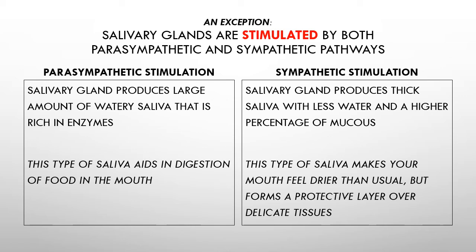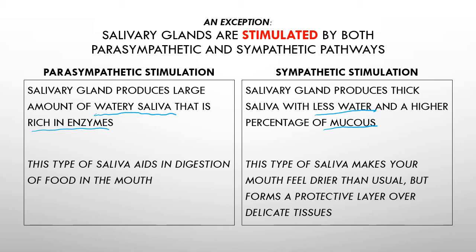So for parasympathetics, for things like digestion, we get more of a watery, enzyme-rich type of saliva. Versus with sympathetics, fight or flight, we're going to have less water, and the amount of mucus in there is going to increase. So for sympathetics, we're going to get a thick, kind of dry saliva, versus parasympathetics, we're going to get a wet, kind of liquidy type of saliva.